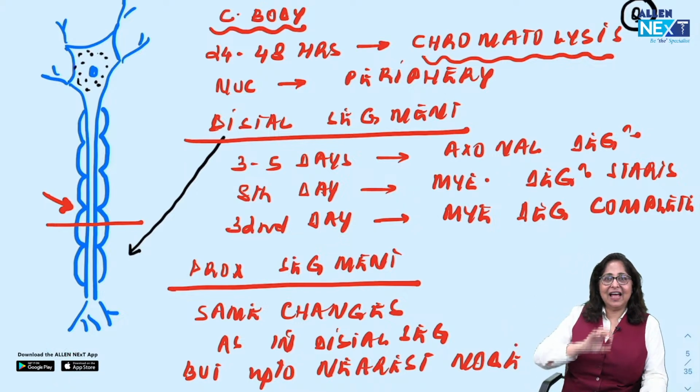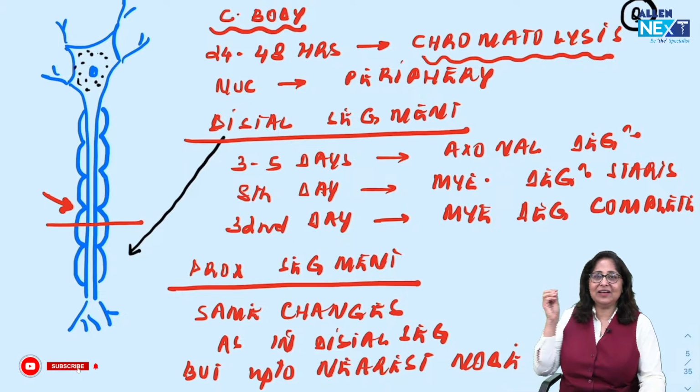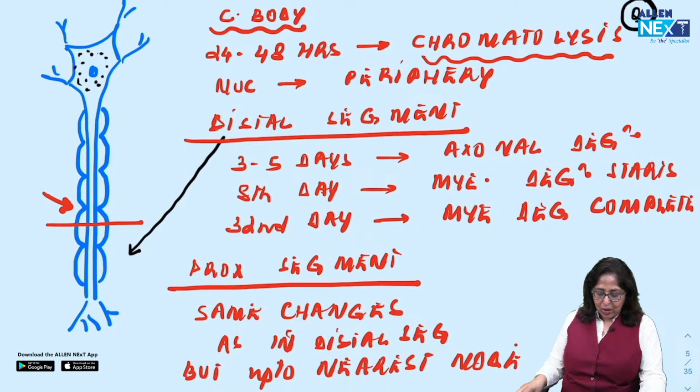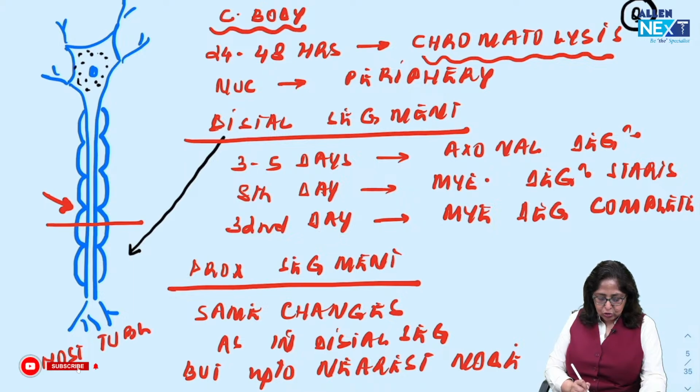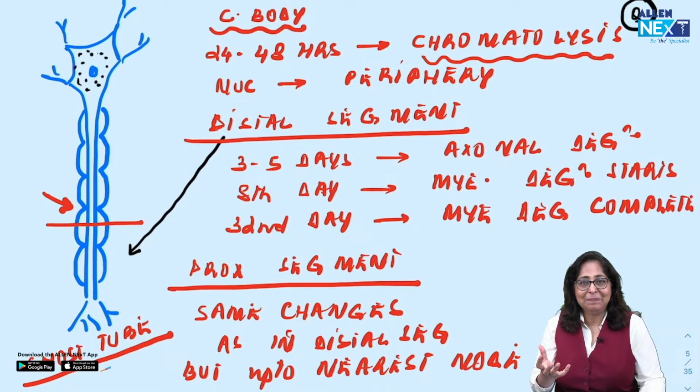They enter and they will remove all the debris. Whatever has been broken down will be removed by the macrophages. So, at the end of 1 month, you will get what is known as a ghost tube. What is ghost tube? It is an empty tube of neurilemma.